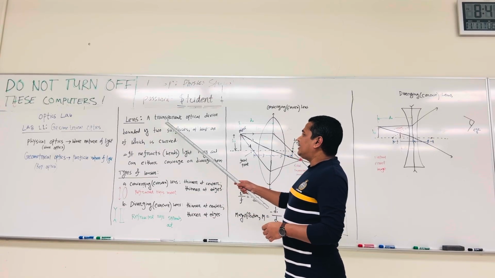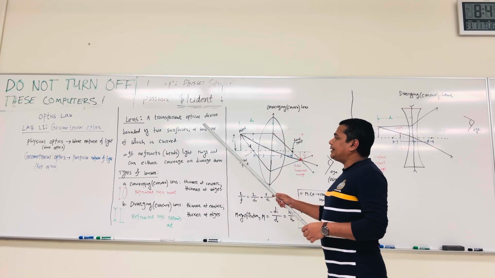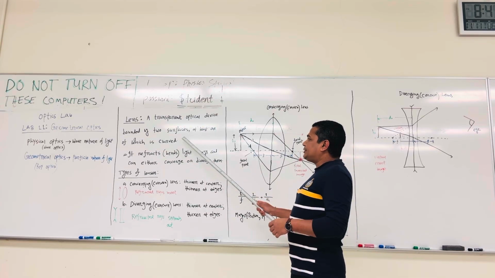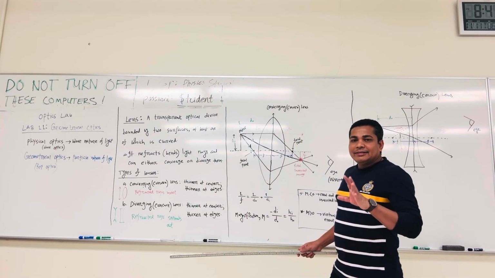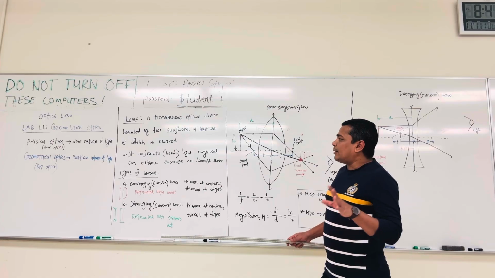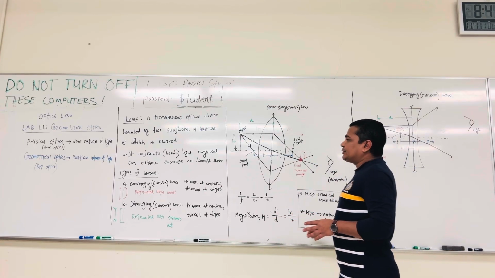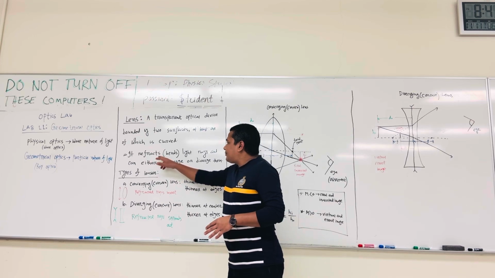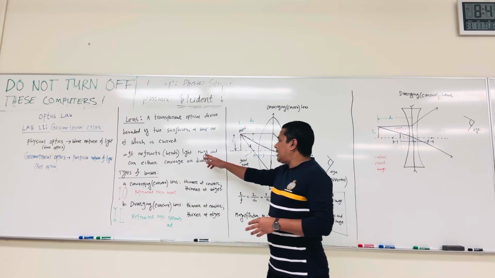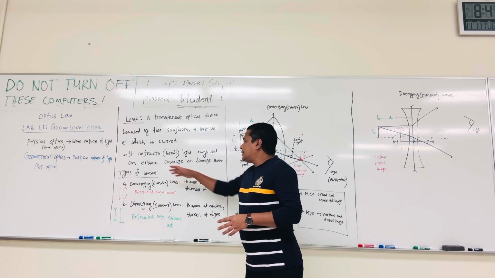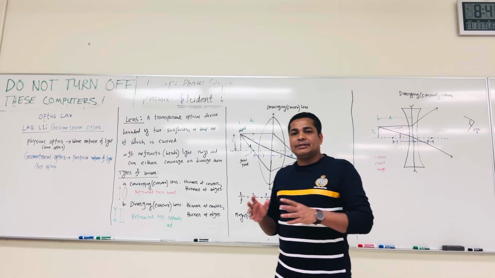It is a transparent optical device bounded by two surfaces, at least one of which is curved. It refracts, bends light rays and can either converge or diverge them.